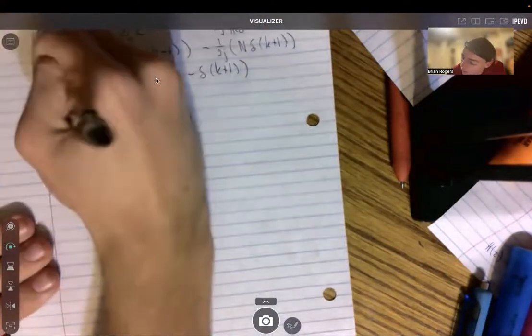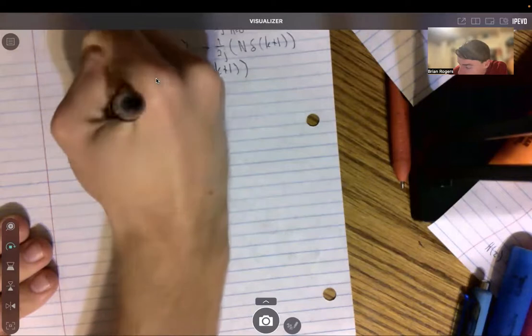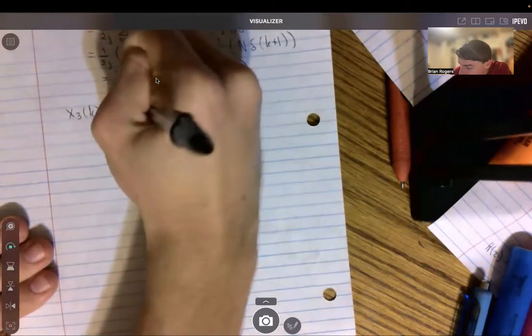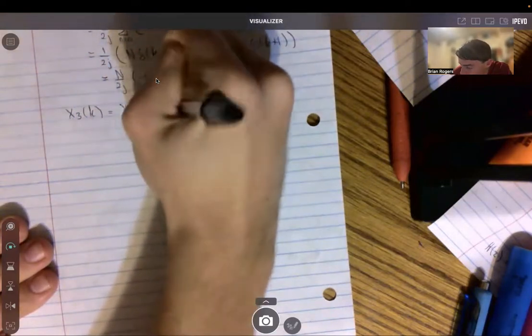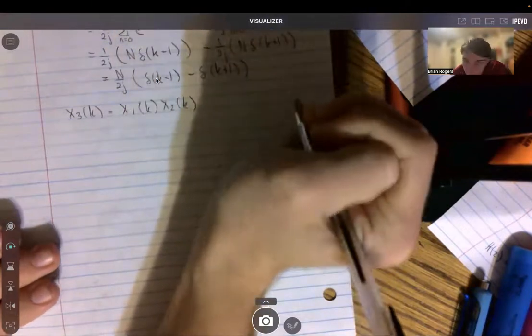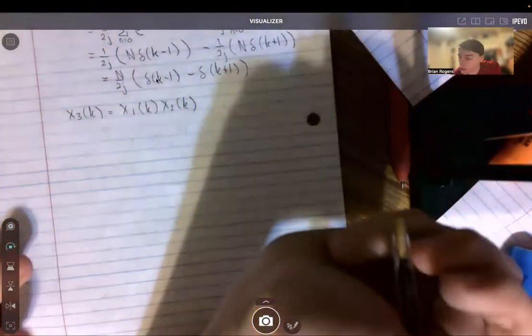So now our X3 of k is going to equal the multiplication of the two. The convolution turns into multiplication. Remember that once you take the Fourier transform.